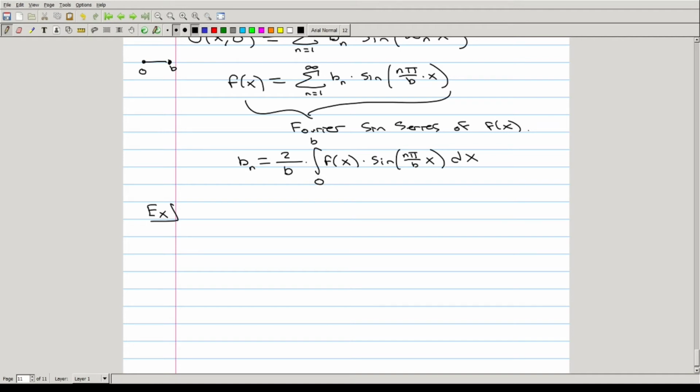Let's go through and do this for the specific initial condition u of x, 0, or f of x, equal to x on the interval from 0 to b over 2, and from b over 2 to b, the function b minus x.